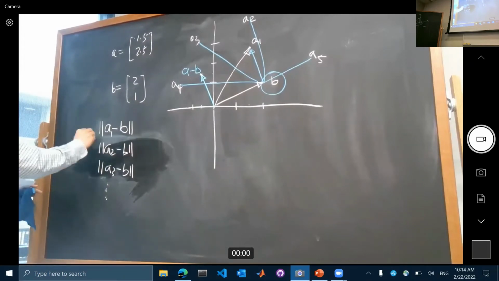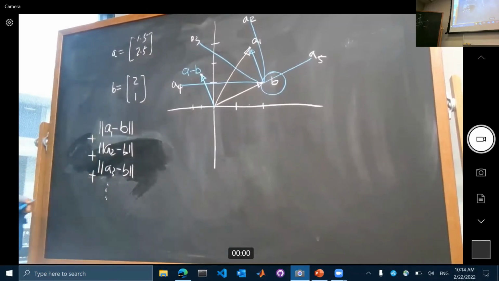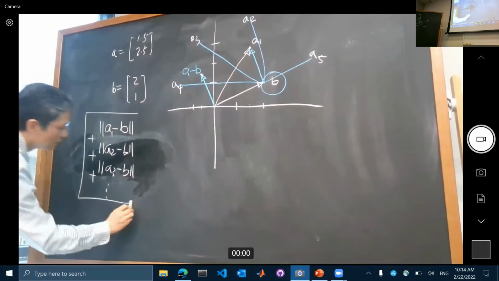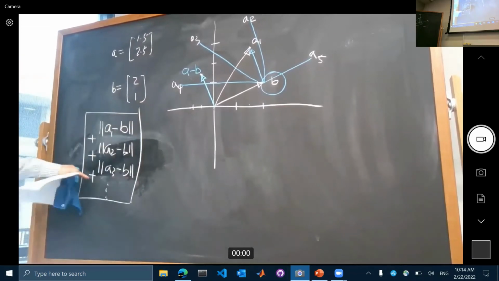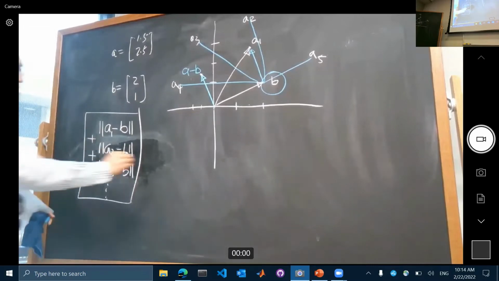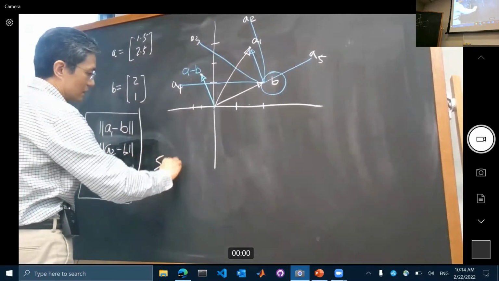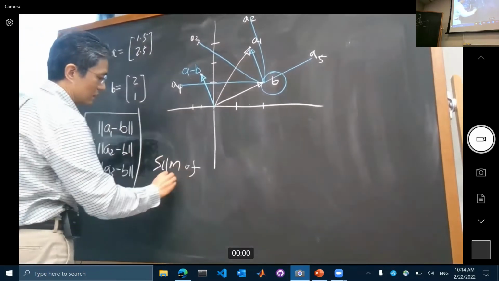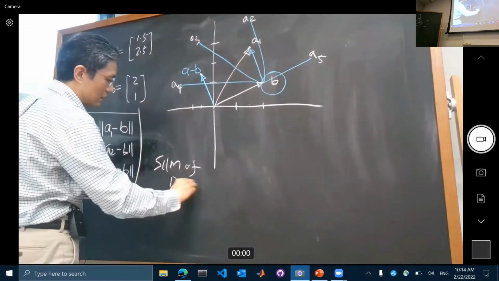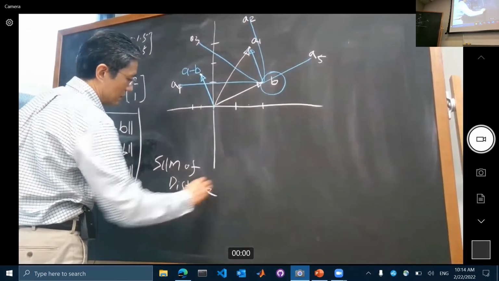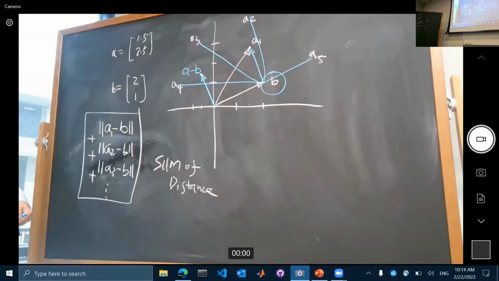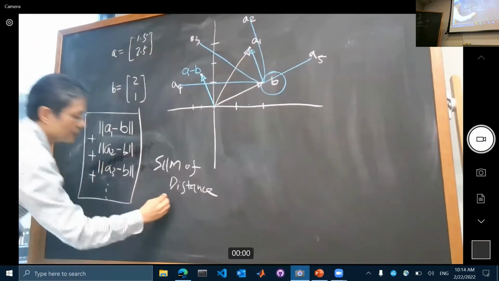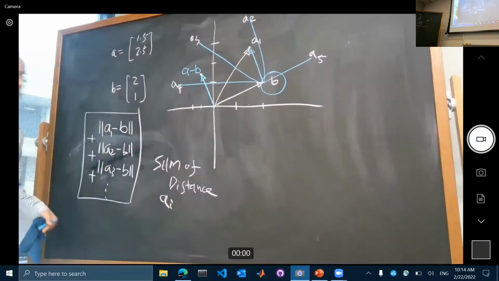And then I can sum them together, add them together. Right here are the sum of distance from all Ai.